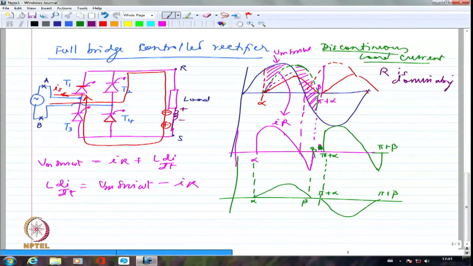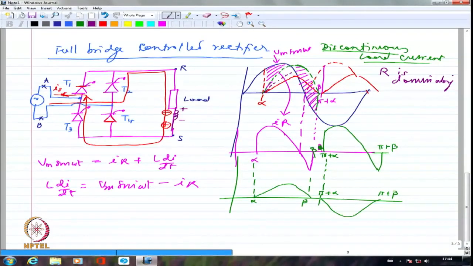So it will save much more energy in the inductance. You think about it this way. If I had 10 ohm resistance with a 400 volt supply, I would have gotten only 40 amperes of current. So half L i square, if I try to calculate, I square will be only 40 square. If I use only 1 ohm resistance, then I would have 400 amperes of current.